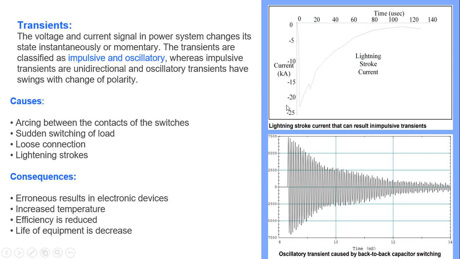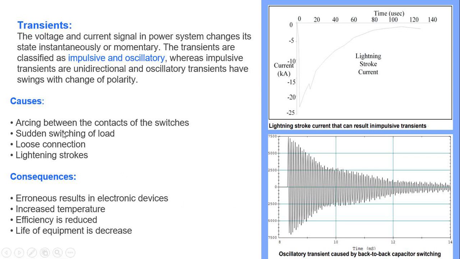Here you see the lightning stroke current that can cause an impulsive transient. Its direction is in only one direction. Here you see oscillatory transient caused by back-to-back capacitor switching.